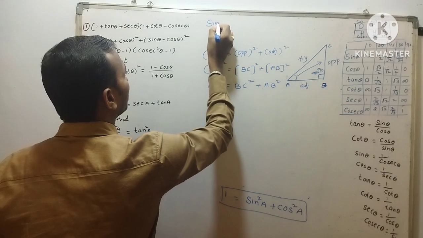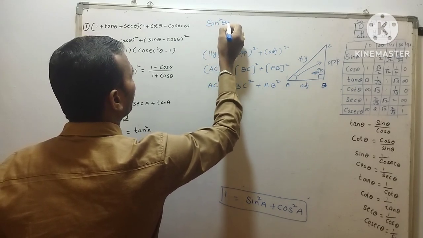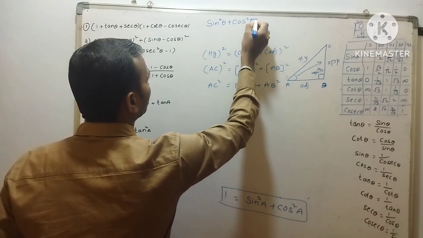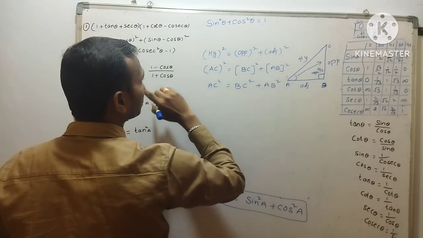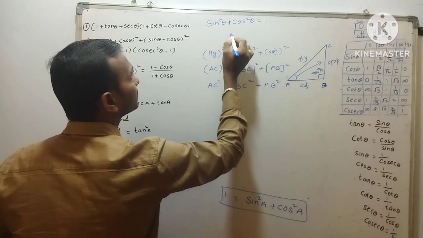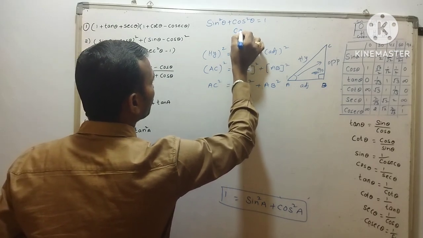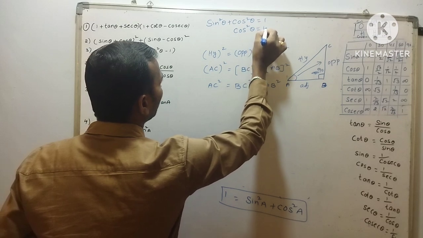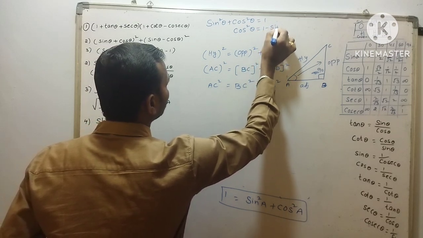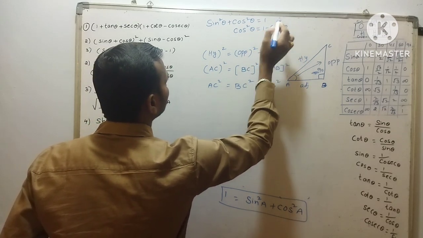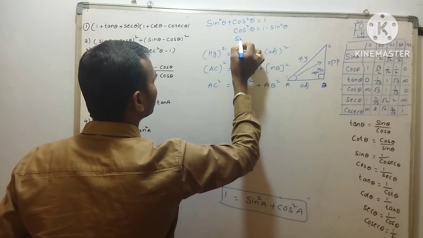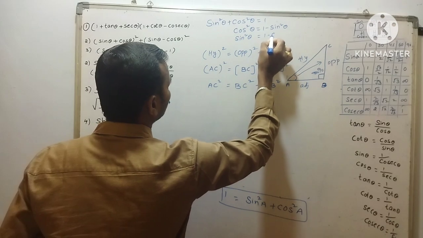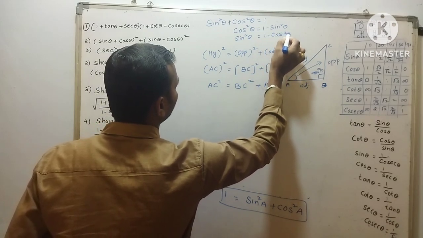From this we can write two more sub-identities, that is cos square theta is equal to 1 minus sin square theta, and sin square theta is nothing but 1 minus cos square theta.